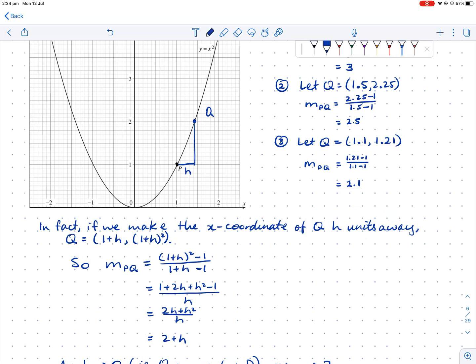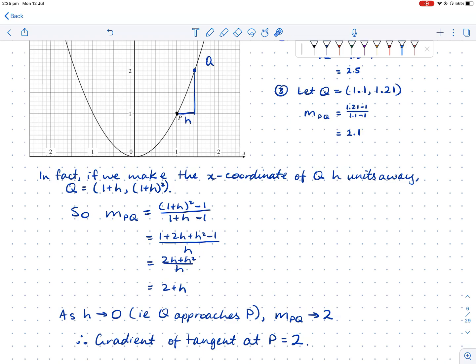The x-coordinate is going to be 1 plus h, and because it's on the graph y equals x squared, the y-coordinate is going to be (1 plus h) all squared. So if I use some number h, that's what it's going to look like.